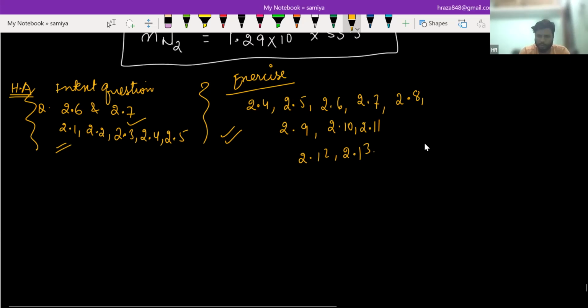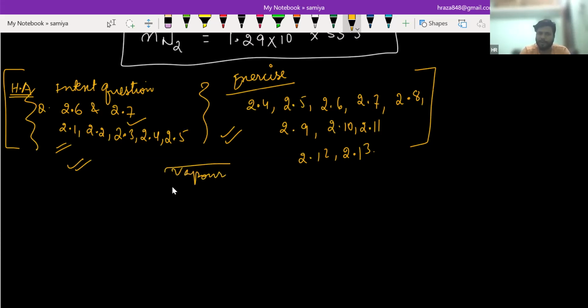And please do this homework. It is very important. First of all, I will discuss these questions and move to the next topic, that is vapor pressure. That will be related to Raoult's law, ideal solution, non-ideal solution. So if you do this on time, it will be very easy for us to move ahead with the same speed.